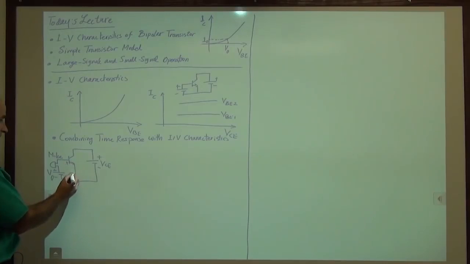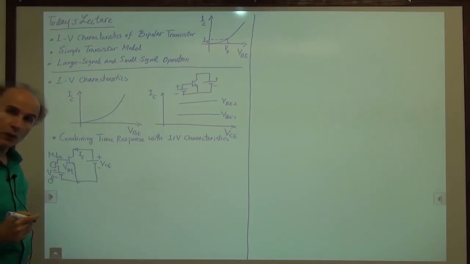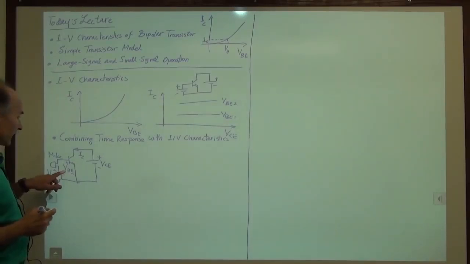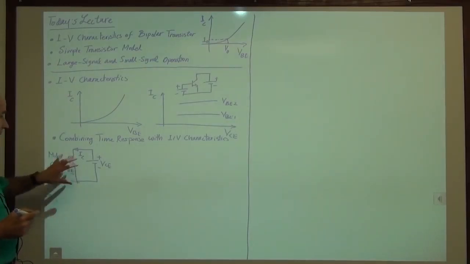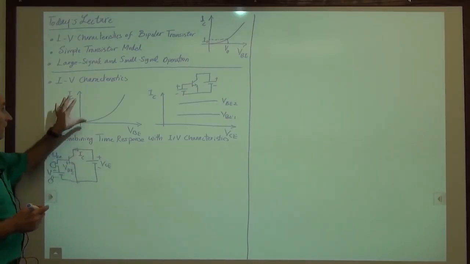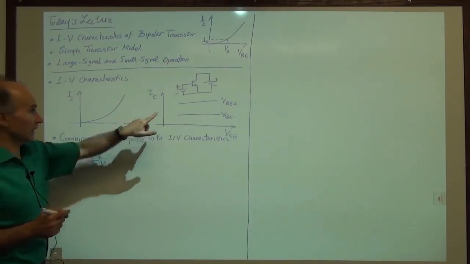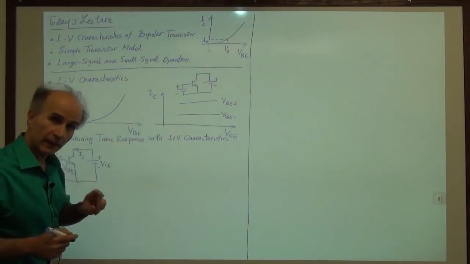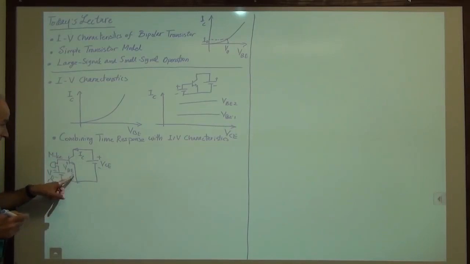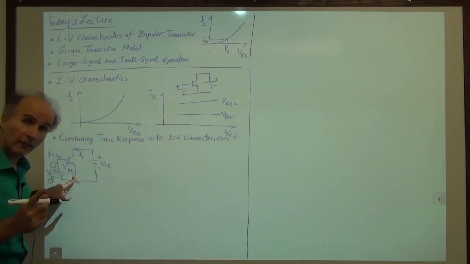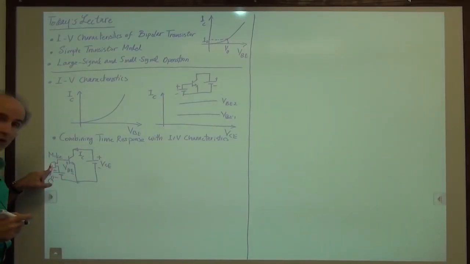And then the base emitter voltage is here. And we are examining, for example, the collector current, IC, which flows this way. So what we saw was that the relationship between IC and VBE is like this. The relationship between IC and VCE is like this. But in this case, the base emitter voltage is also changing with time because the microphone signal is changing with time.